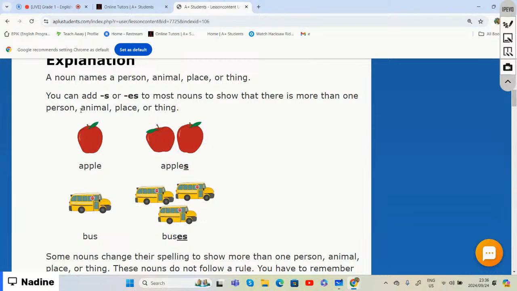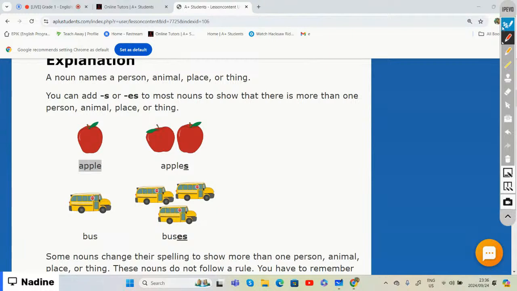For example, one apple, only one apple. If you make mention of more than one, then we say apples. You see, we just added an S to that word apple.